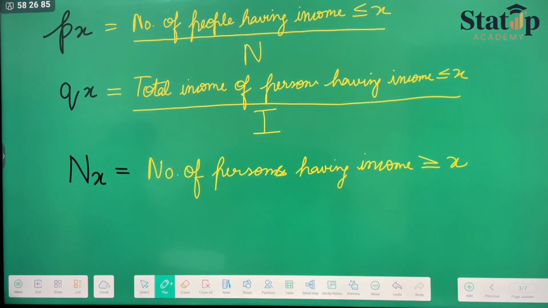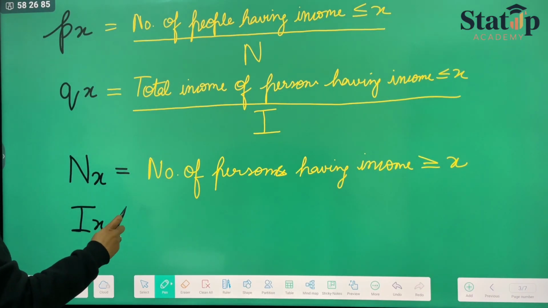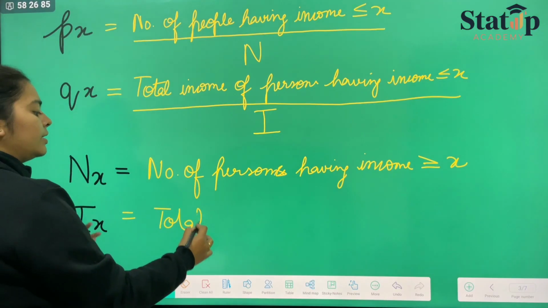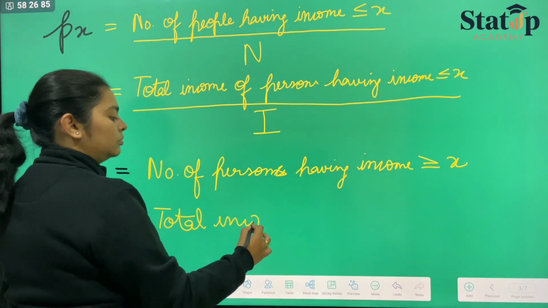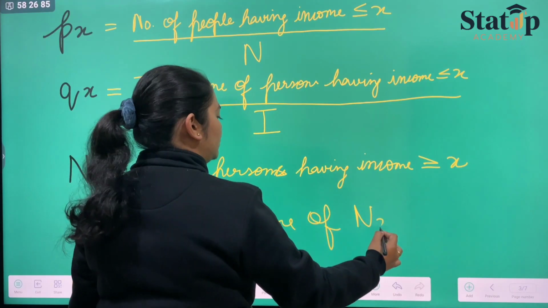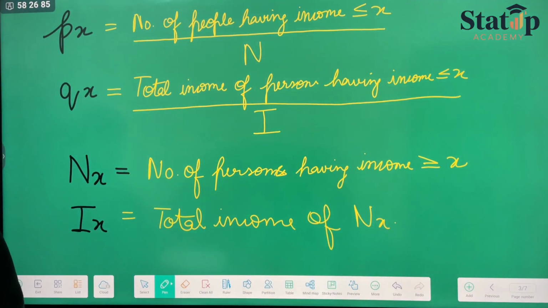And capital Ix is nothing but the total income of the Nx individuals. These were the six terms that we had to define.